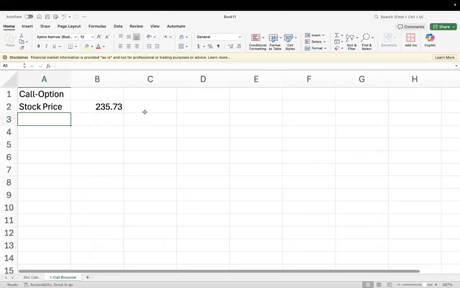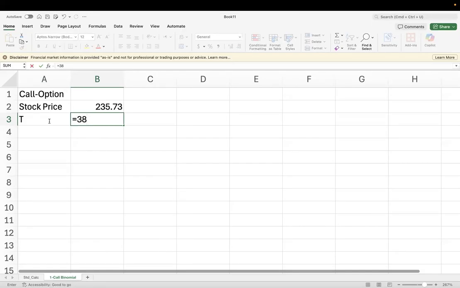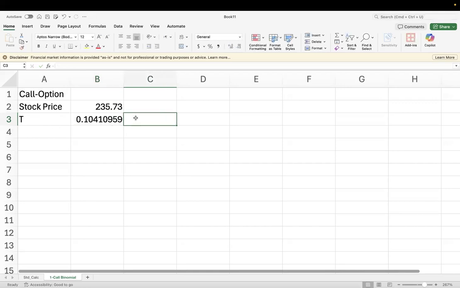I can say T is 38 days, and I have to divide this 38 days to expiration date by 365 because T is time to expiration in years.